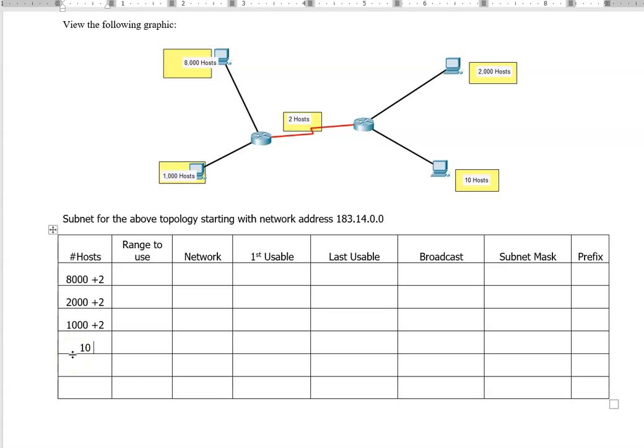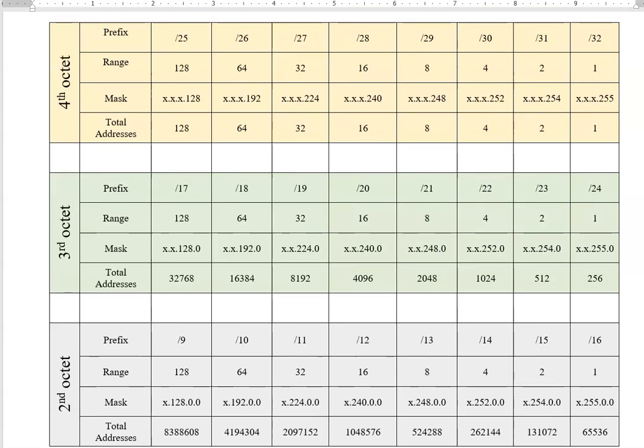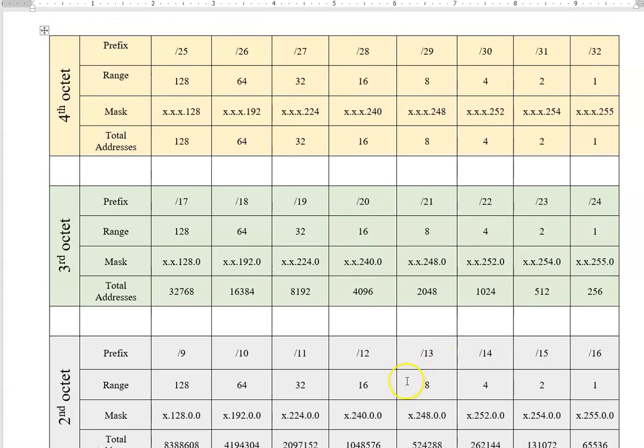Now, going to our reference chart, you can see that the large number of addresses require us to go into the third octet. See that the range of addresses is the same as when we were in the fourth octet, but placing them in the third octet gives us the large number of total addresses.